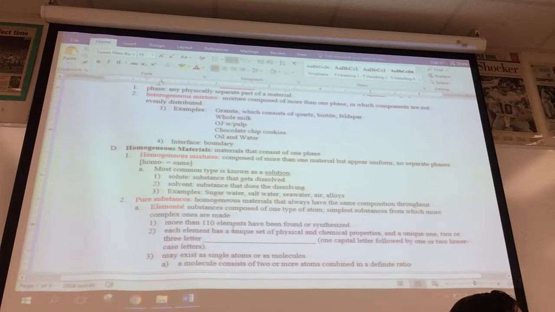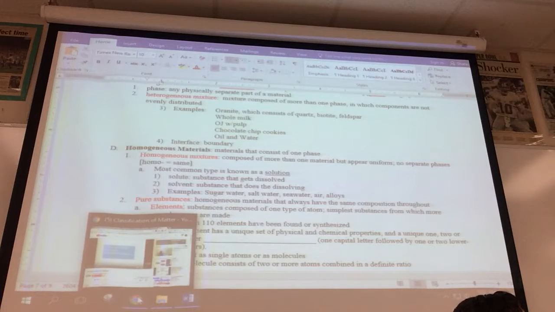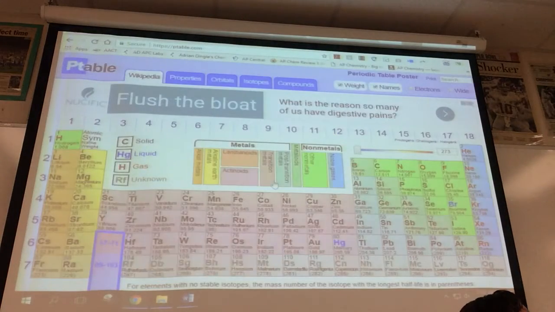More than 110 elements have been found or synthesized in the laboratory. We're actually up to 118, although they seem to discover them very regularly now. We can do a check. Maybe we've actually found a few more. And this is a periodic table that shows those elements.